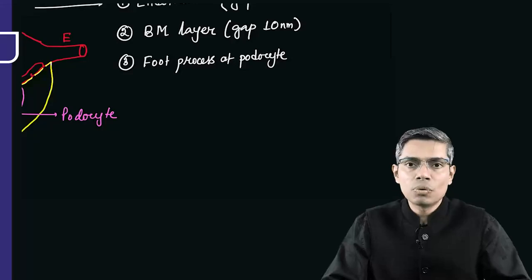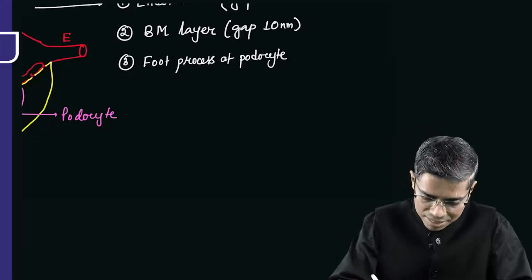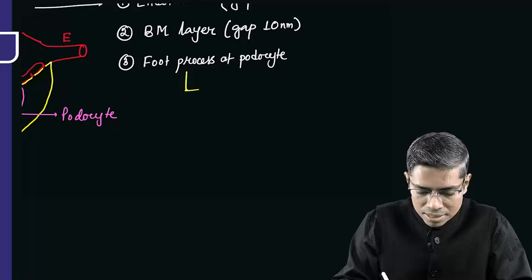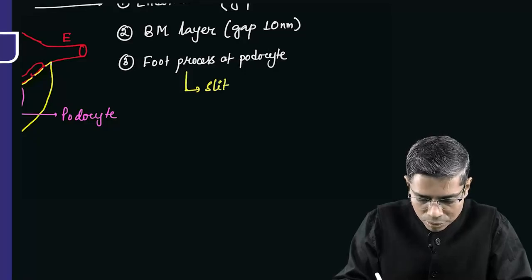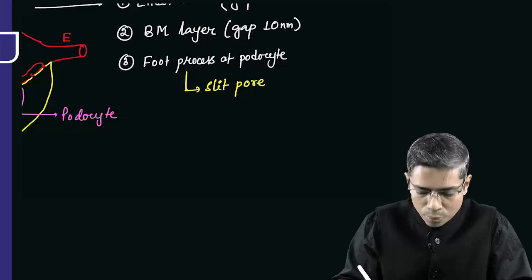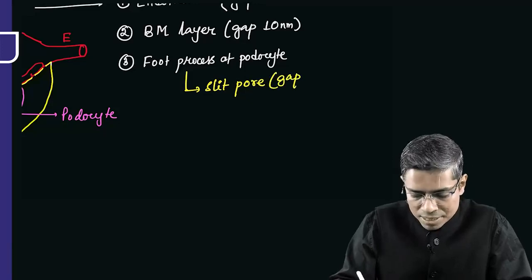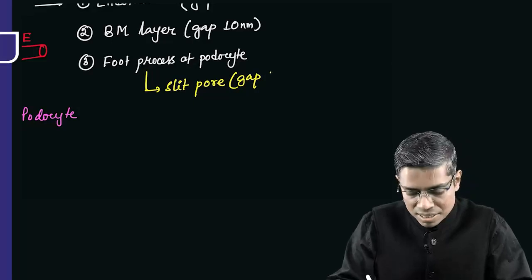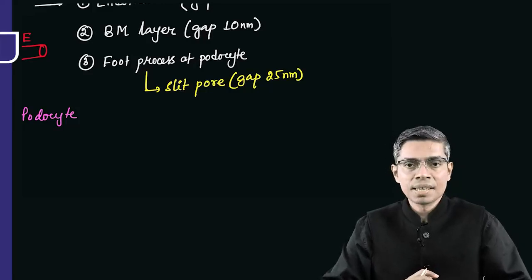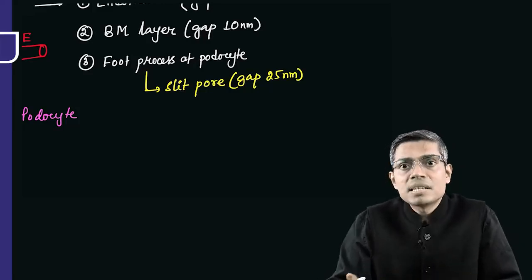This gap is known as filtration slit, or this is also known as slit pore. The gap which is present in this slit pore or filtration slit is 25 nanometer. But this slit pore is not completely open.